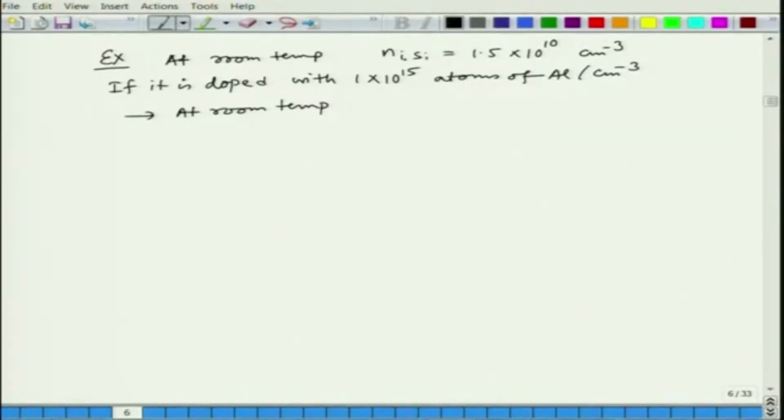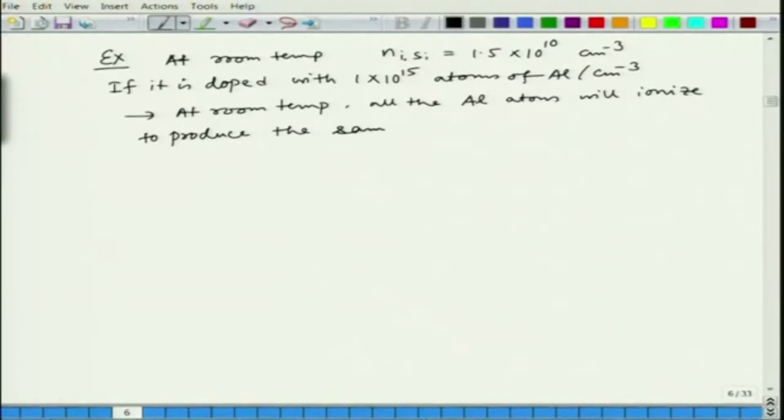So, at room temperature all the aluminium atoms will ionize, that means all of them will contribute to the electron acceptor level to produce the same number of holes.